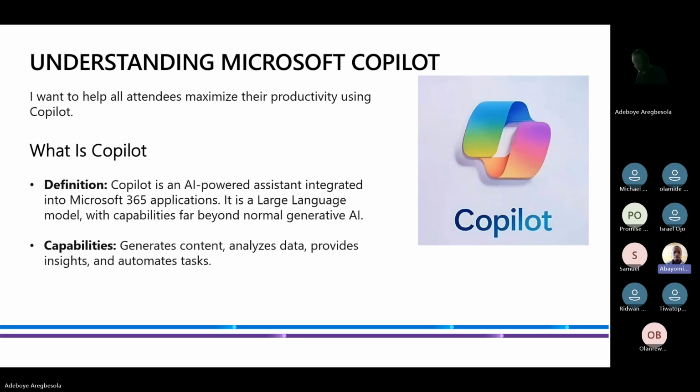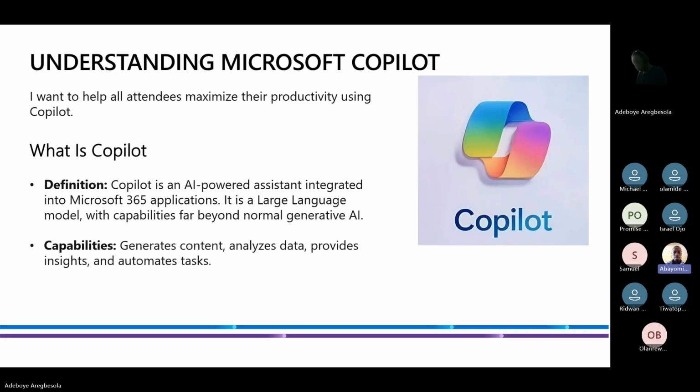Now, what is Copilot? Copilot is an AI powered assistant integrated into Microsoft 365 applications. It's a large language model, and for those that have a background in ML and AI, you would have been exposed to something like natural language processing. An application like ChatGPT is also powered by a large language model.